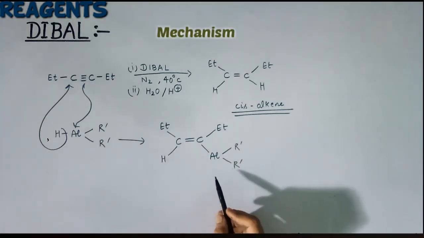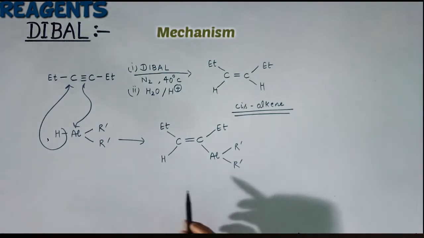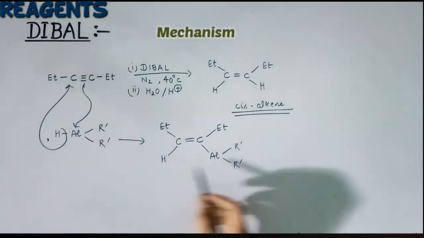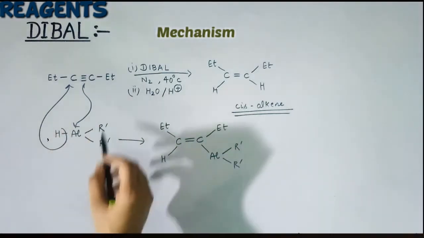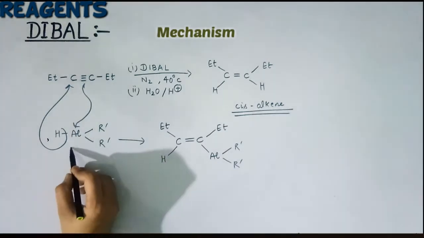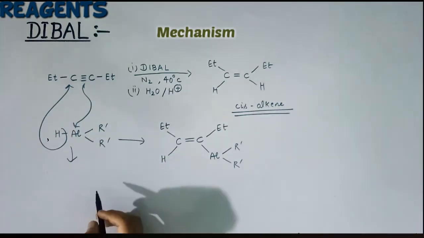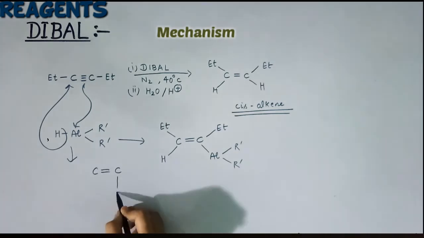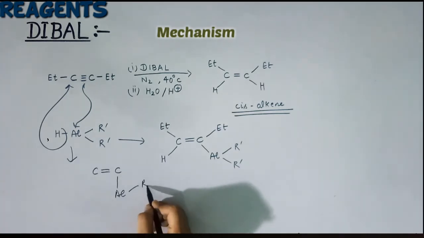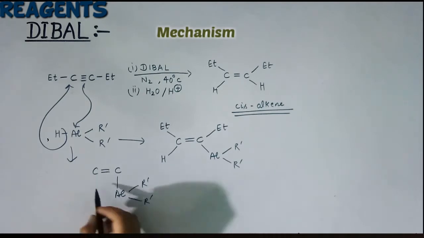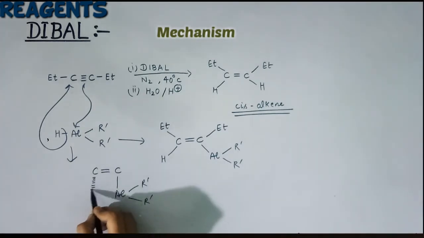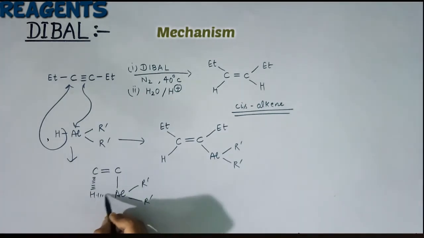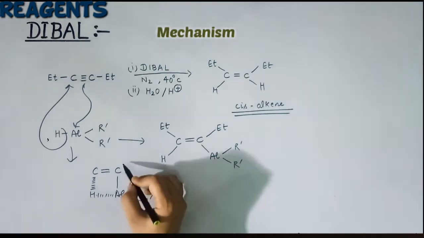So this is the complex. Now I want to tell you that this is not the direct product formed through this action. A transition state also forms, and you can see here this is the transition state. And in this transition state, hydride is removed.